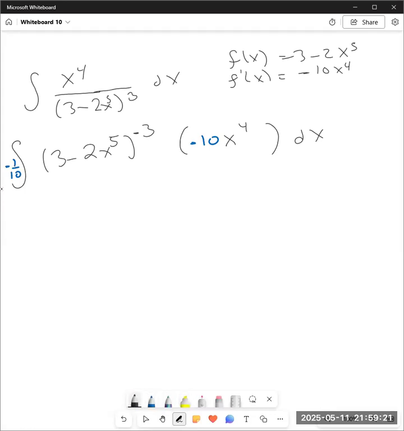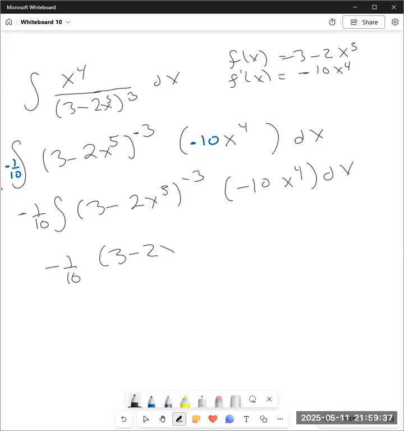That gives me negative 1/10 integral of (3 minus 2x to the 5th) to the negative 3rd times negative 10x to the 4th dx, which will be a negative 1/10 times (3 minus 2x to the fifth) to the negative 3 plus 1 over negative 3 plus 1, plus c.